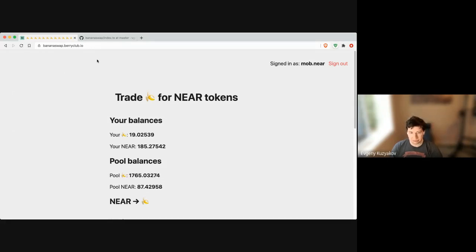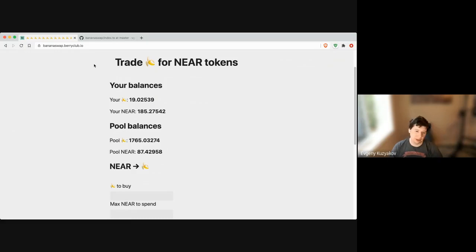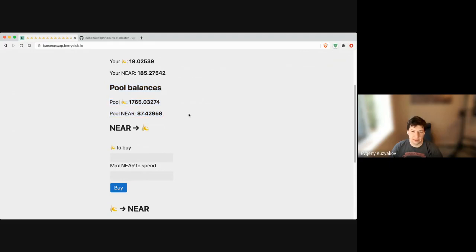So BananaSwap is a website and a contract. It acts like a Uniswap. You have your balances and you have pool balances, except that unlike Uniswap contracts, where you can deposit extra liquidity, in this implementation the liquidity cannot be added, so it is only mined by the contract provider.